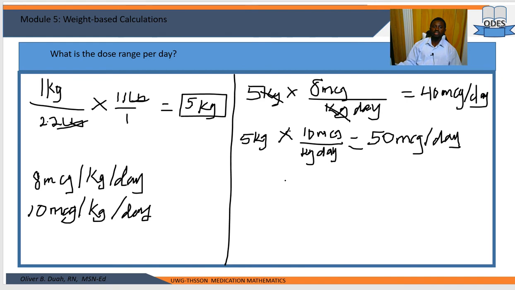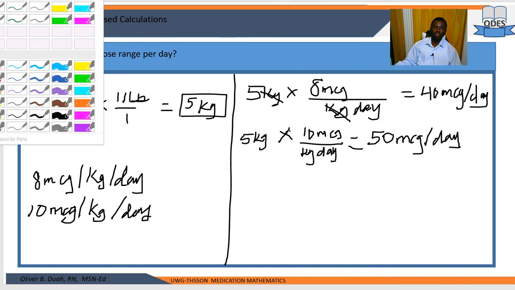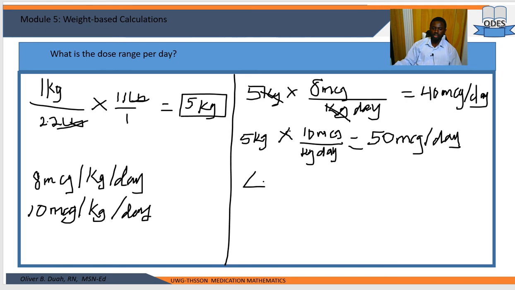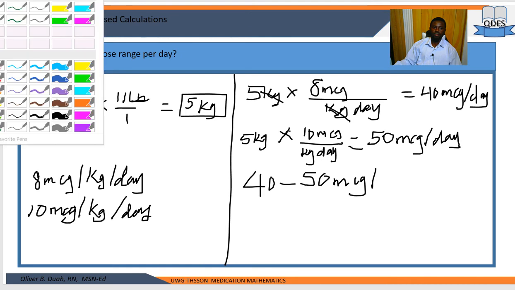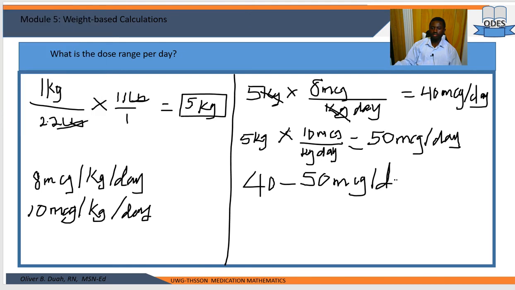So the safe dose range is going to be 40 to 50 micrograms per day for this particular patient, and this will be our safe dose range.